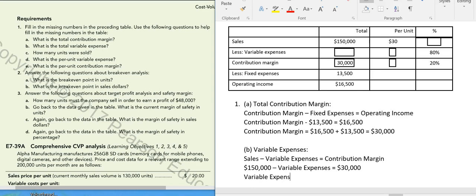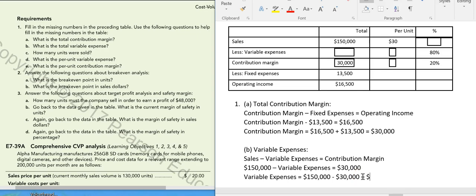Variable expenses is equal to, I just change it here. Now I'm writing this side first. Variable expenses equal to 150,000 minus 30,000. Right, so I change this one to the other side, and now it's a minus sign, and it gives me variable expense.